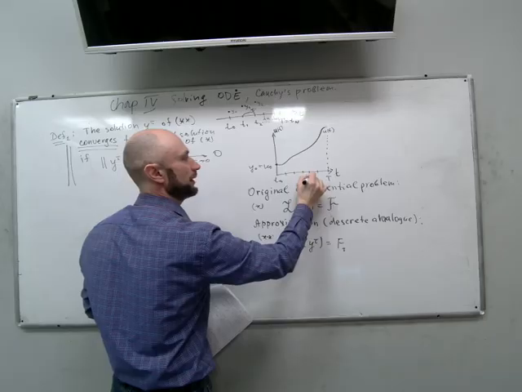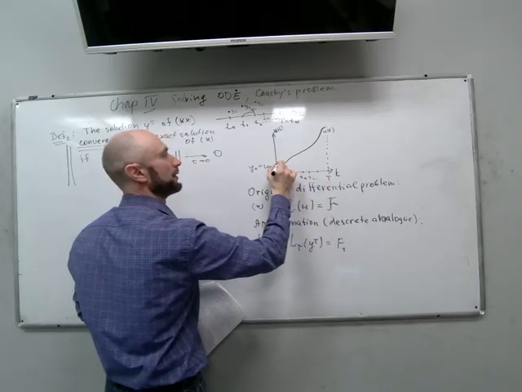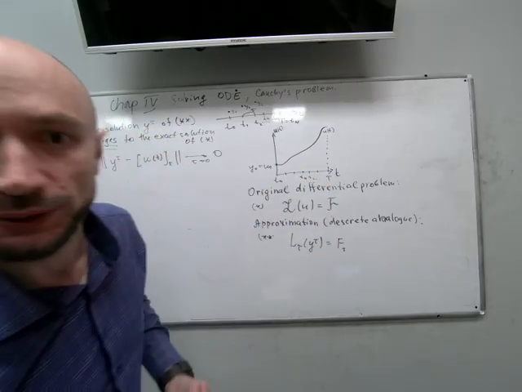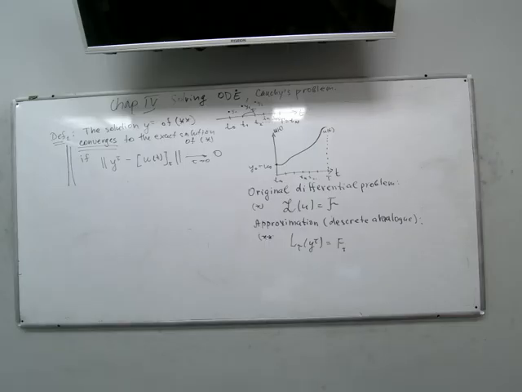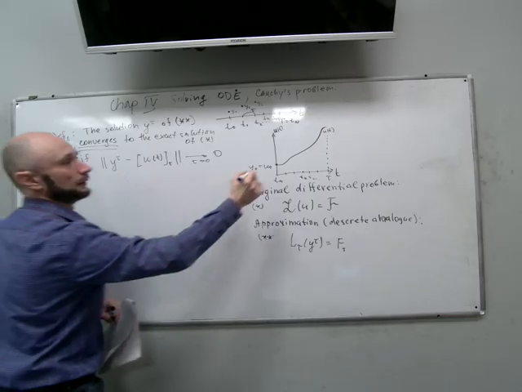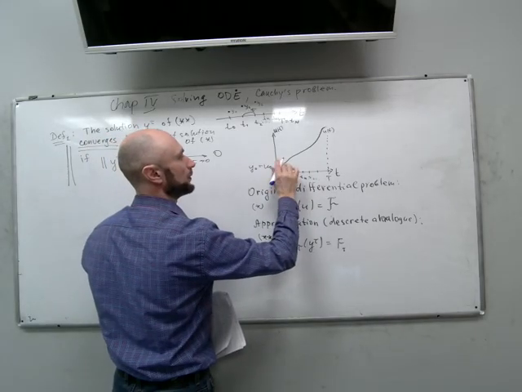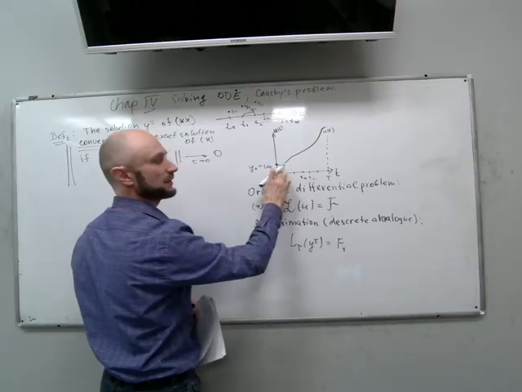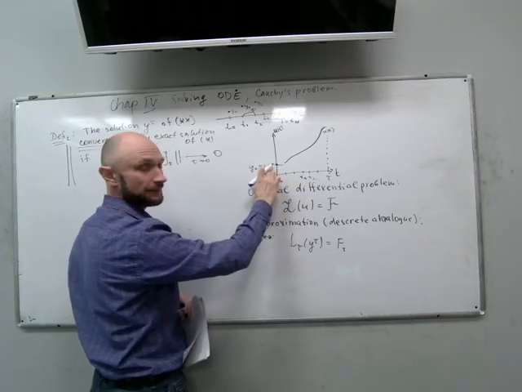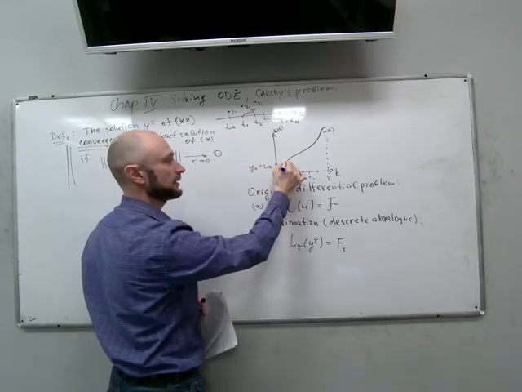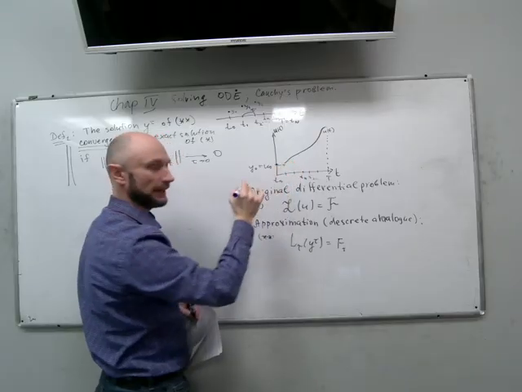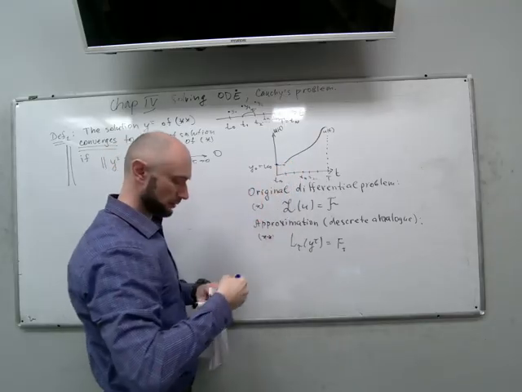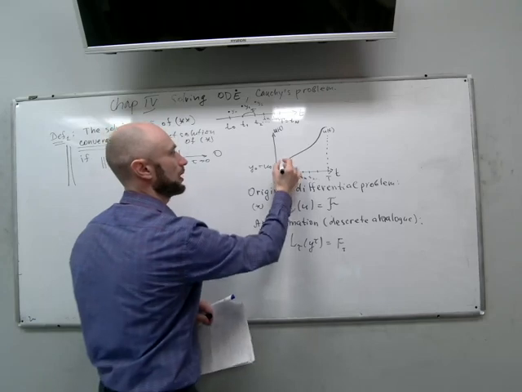Let's call it Tn, Tn plus 1. For example, with the Euler method, we start from estimating the derivative, and we write a tangent line to our exact solution.